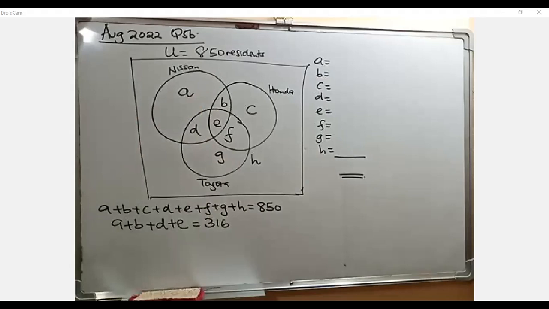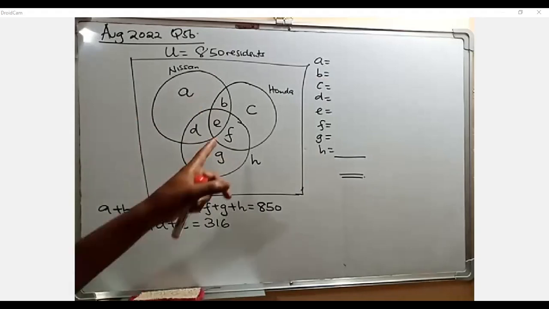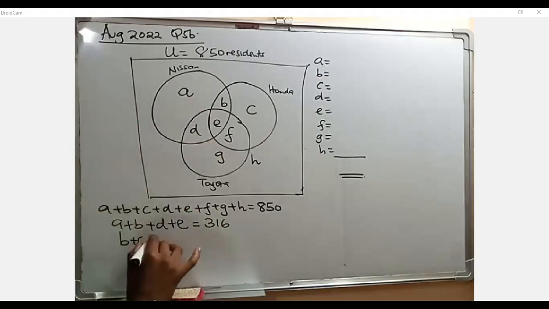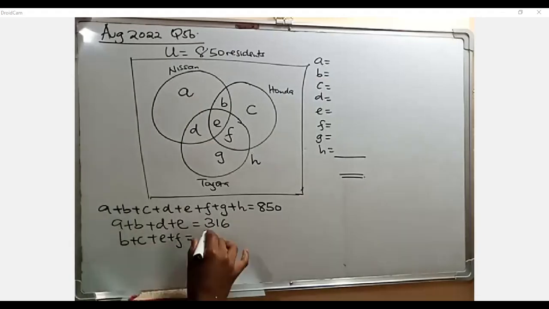The second one is Honda. The examiner is saying 160 residents own Honda vehicles, and in this case, we have B plus C plus E plus F, which is equal to 160.